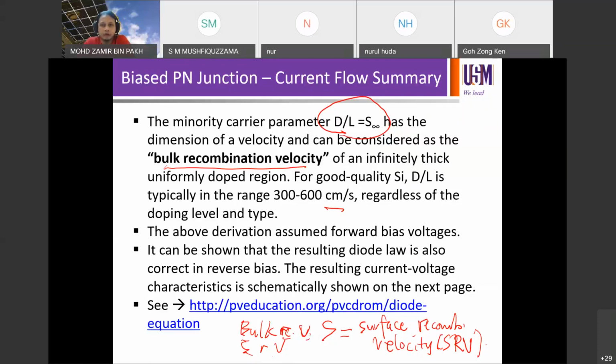So for good quality silicon, if you talk about a good quality semiconductor material, your D over L, or S, is typically in the range of 300 to 600 centimeter per second, regardless of doping level and type. If you talk about the recombination velocity, you want to keep it low.